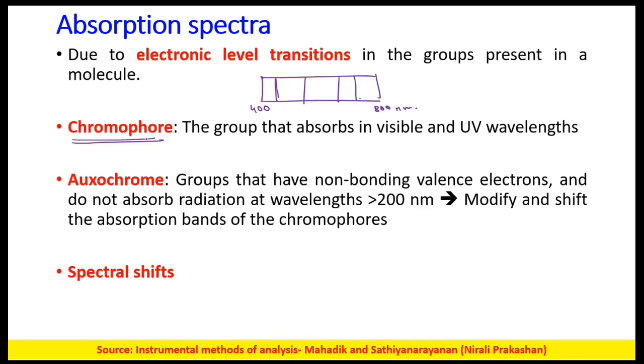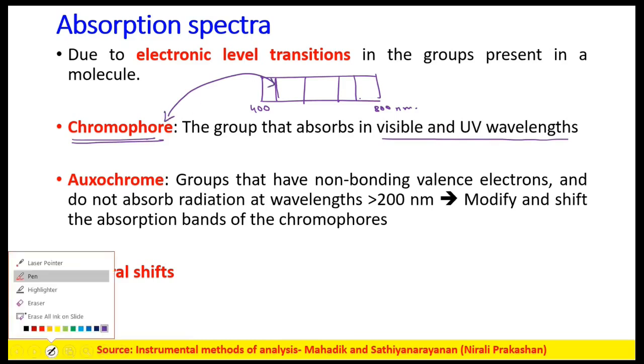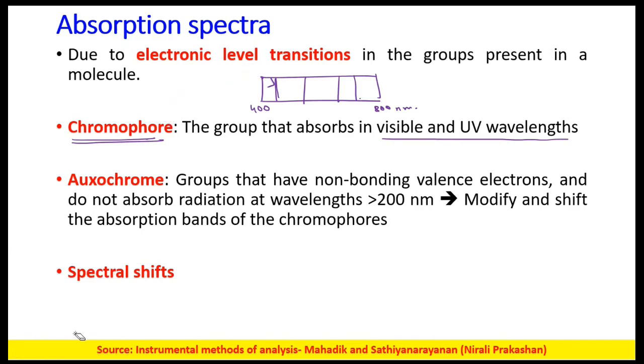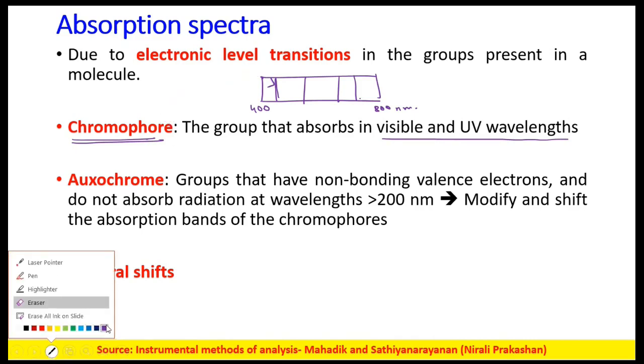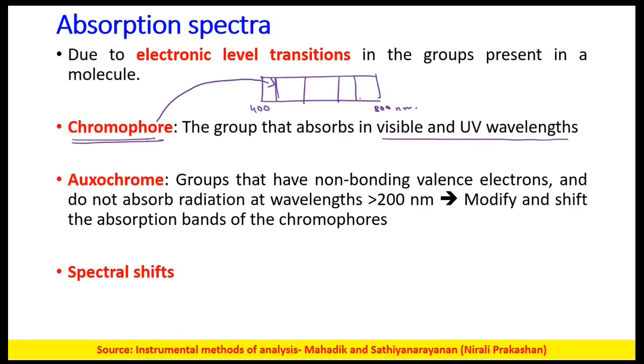A chromophore is a functional group which absorbs in the visible and UV wavelengths, and because of this chromophore we get these lines of patterns. So depending upon the nature of the chromophore, you will be getting the patterns.